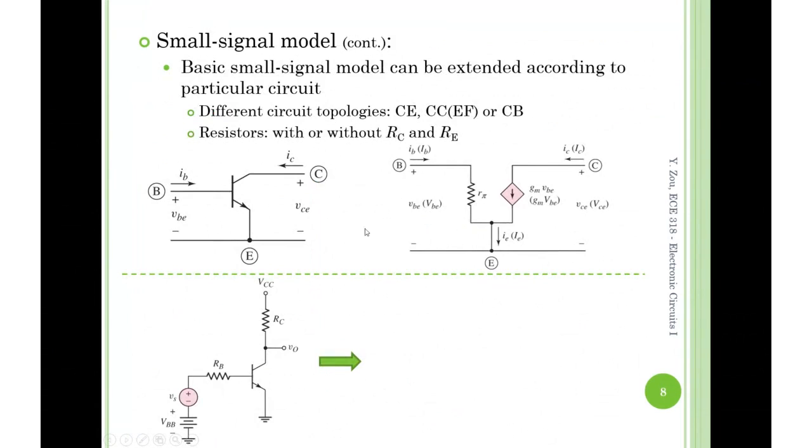So this is about how to come up with the small signal circuit, the entire circuit, not only the BJT transistor itself, but also the biasing RC, RB, and the input AC source. So how to do that? Same thing. We have done quite a bit for MOSFET circuits, right? We extend the circuit terminal by terminal.